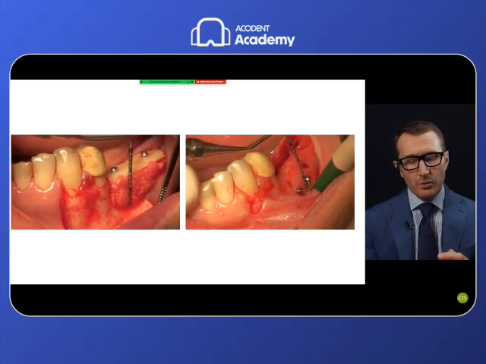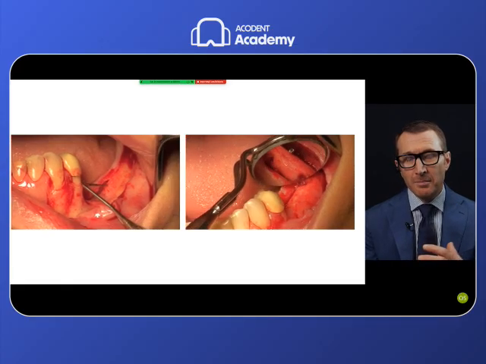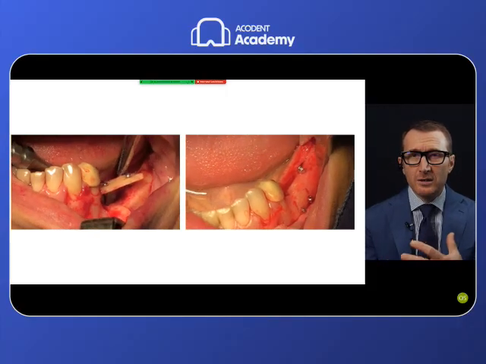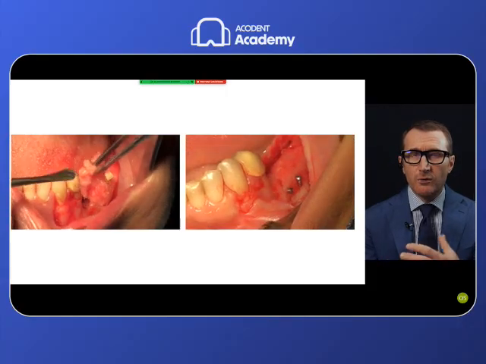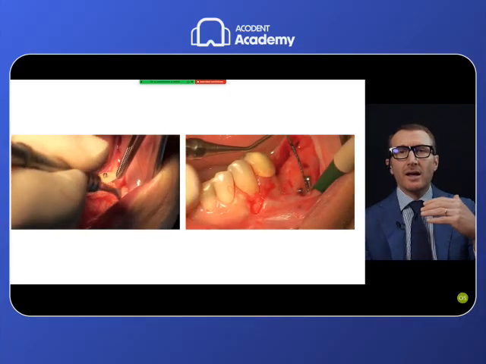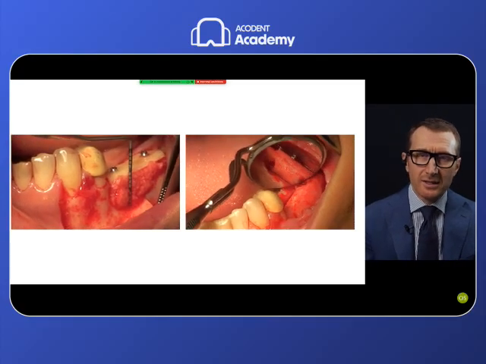So we have a positive effect by placing a membrane, because the growth factors will be much more concentrated and much more at a distance compared to the walls of the defect.